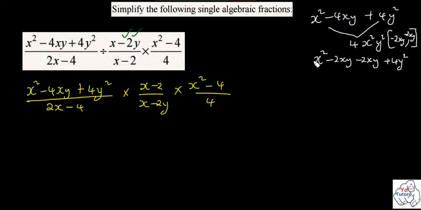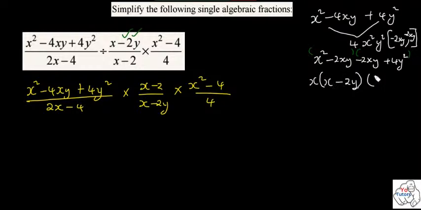Then here we look at this separately, the half. We take this one and this one together and see what we get. We're going to factor out x, then it's going to be x minus 2y.